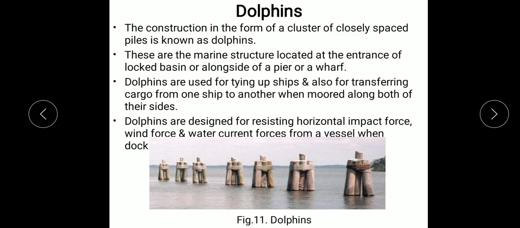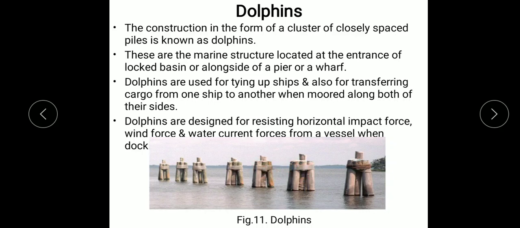These are the marine structures located at the entrance of a locked basin or alongside of a pier or a wharf. Basically, the dolphins are used for tying up ships and also for transferring cargo from one ship to another when moored along both of their sides.